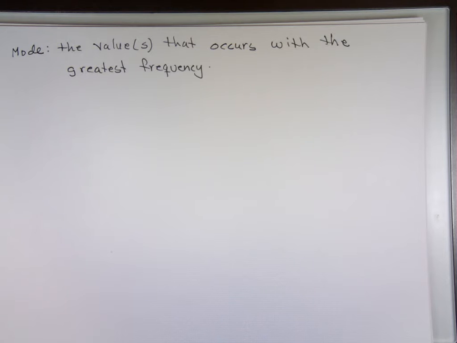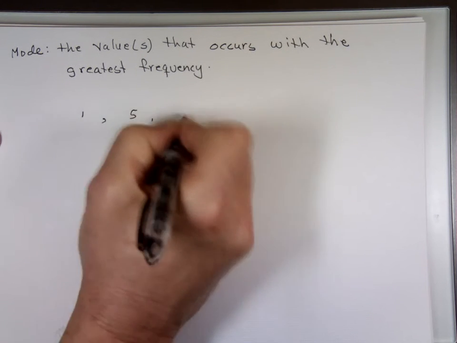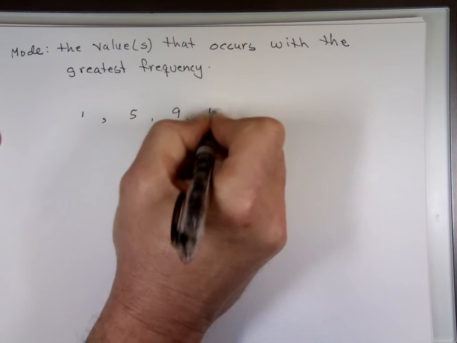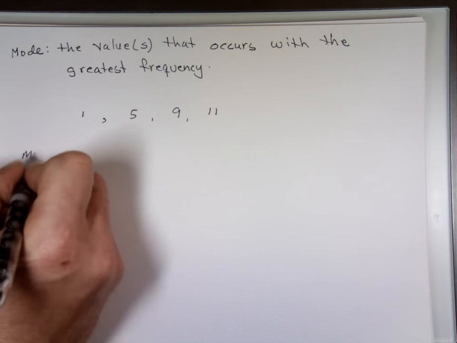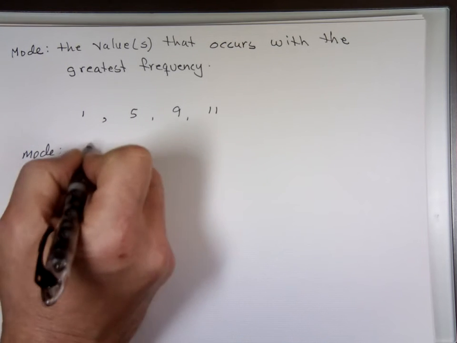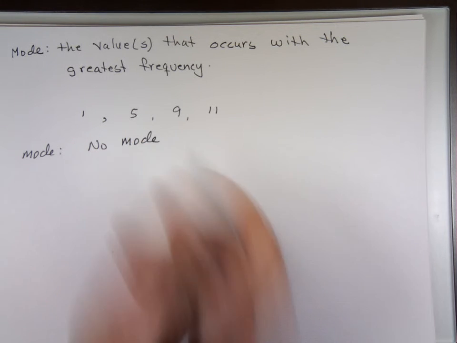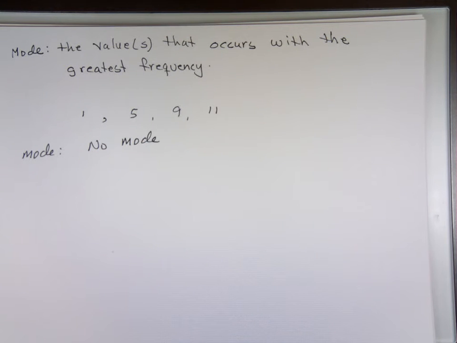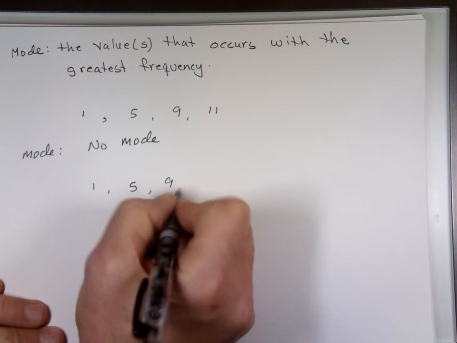So I have these numbers, 1, 5, 9, 11. What is my mode? No mode. Another example, 1, 5, 9, 11, 5.